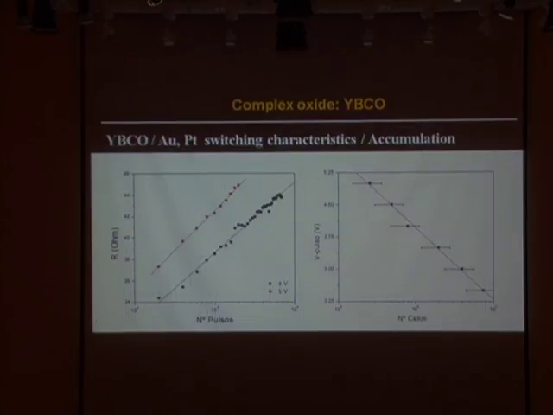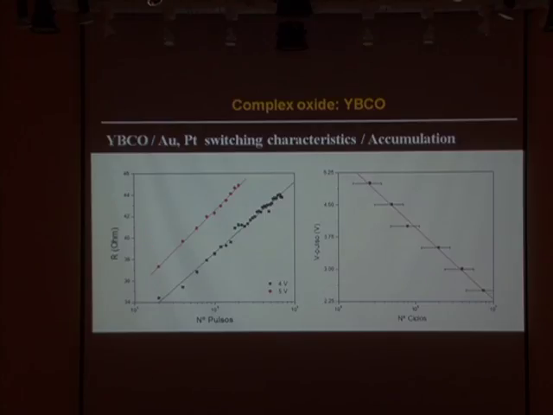Another interesting thing is that you can see the evolution of the resistance of one of the contacts with the increase in the number of pulses. Each point here is a set of 2,000 pulses, for example, and we apply pulses of the same amplitude, and you can see the evolution of the resistance.